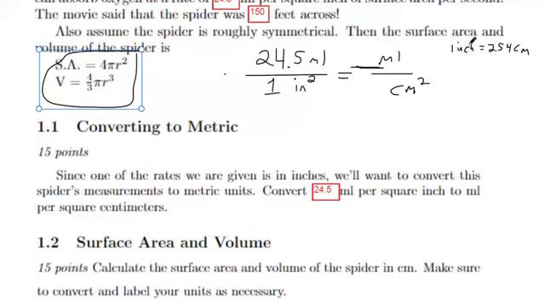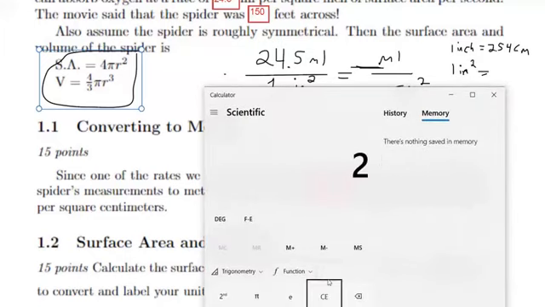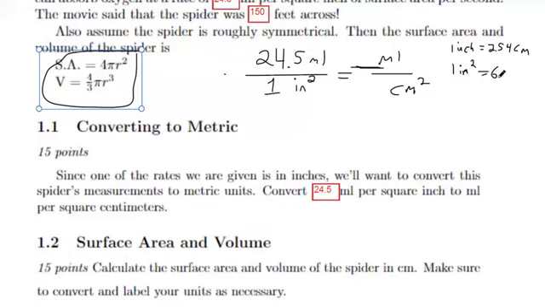So if we want to make it two-dimensional, like inches squared, we need to square both sides of this equality. So 1 inch squared, 1 squared is just 1 still. So 1 square inch is equal to 2.54 squared centimeters. That's 6.4516 centimeters squared. And that's what we need.